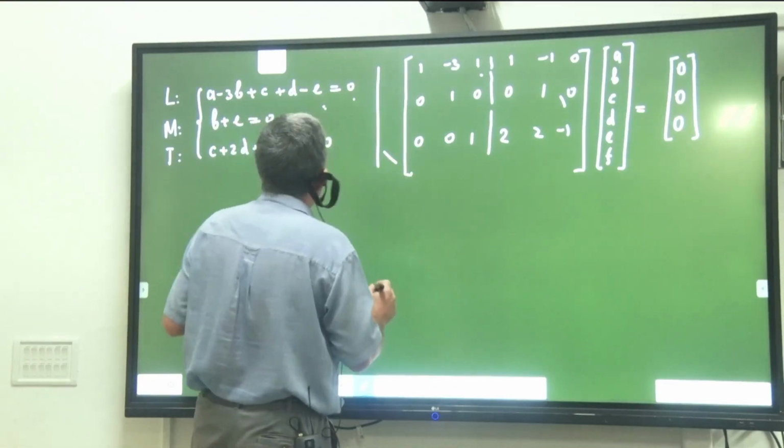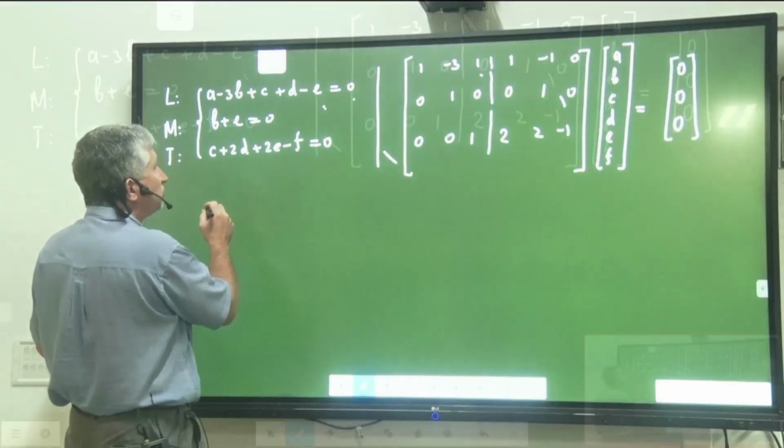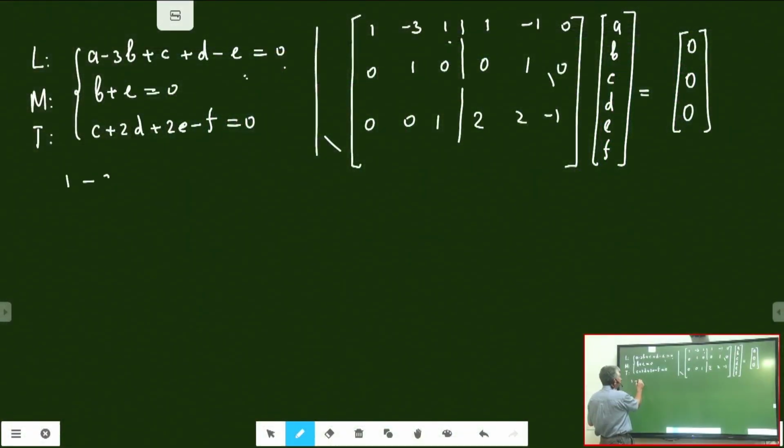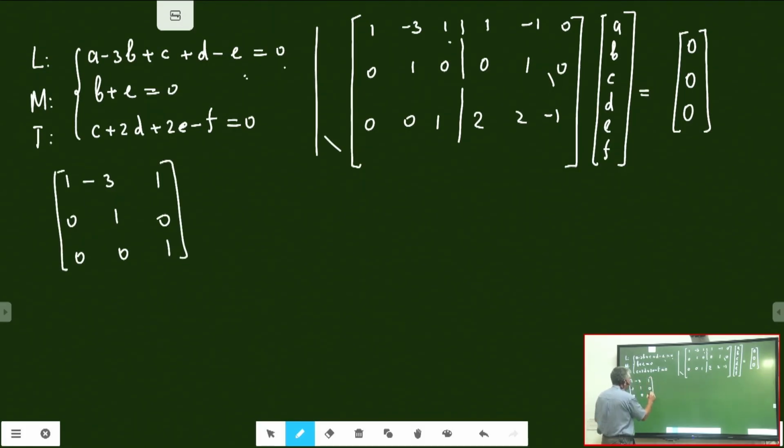Then what we have is essentially a system of equations which can be written like that. So 1, minus 3, 1, 0, 1, 0, 0, 0, 1. And these rows multiply the first three columns, they multiply the first three coefficients.